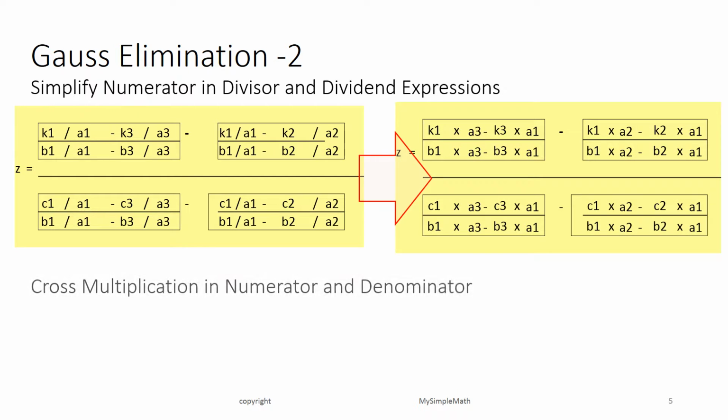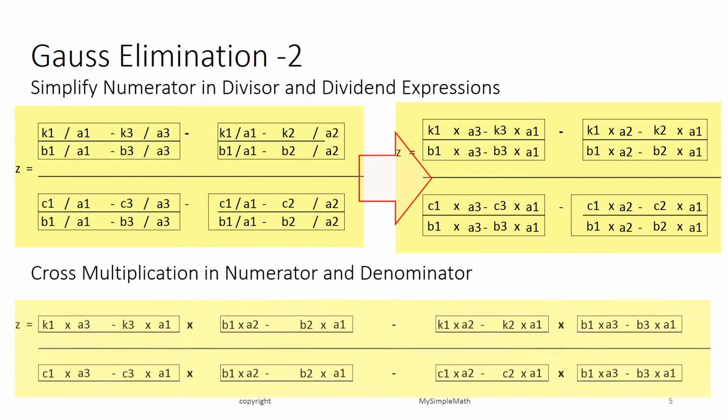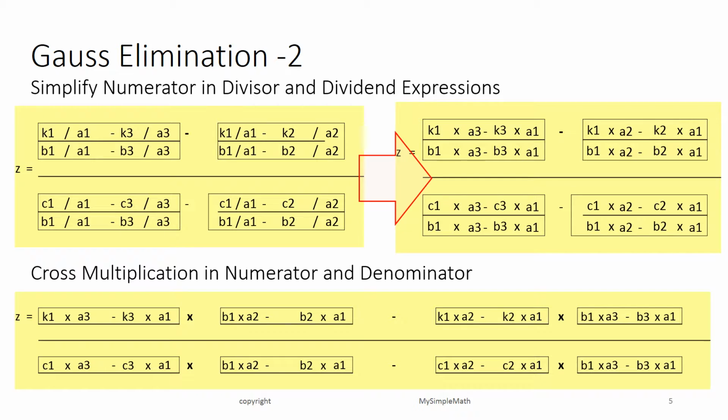Simplify the numerator and denominator expressions. And what we end up with is k1 divided by a1 minus k3 divided by a3, over k1 divided by a1 minus k2 divided by a2. These can be substituted as k1 a3 minus k3 a1, k1 a2 minus k2 a1, divided by b1 a3 minus b3 a1, b1 a2 minus b2 a1.